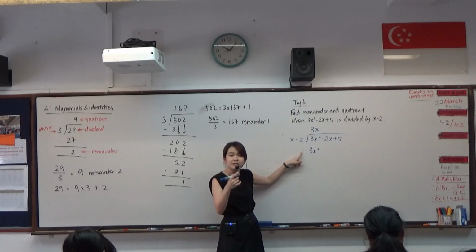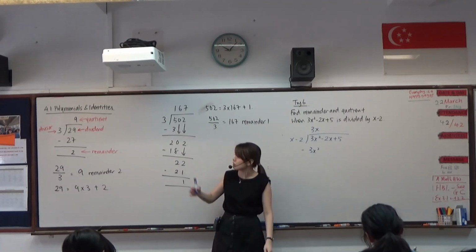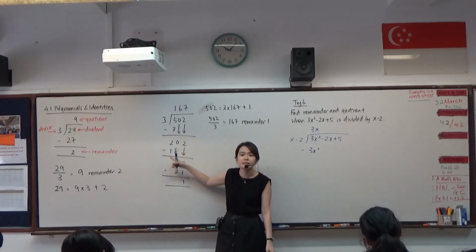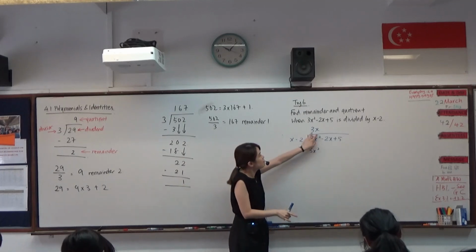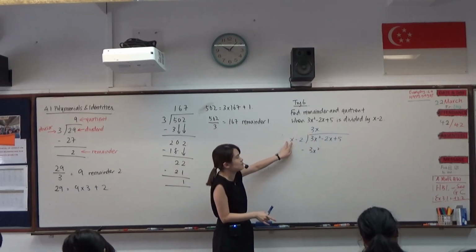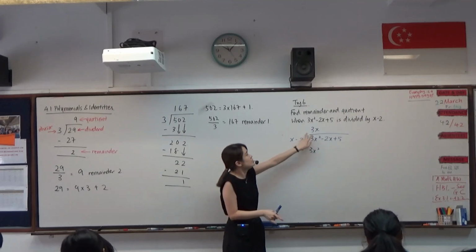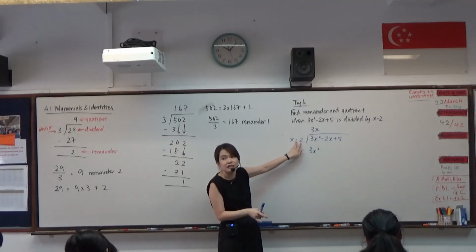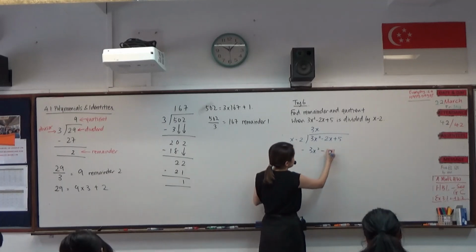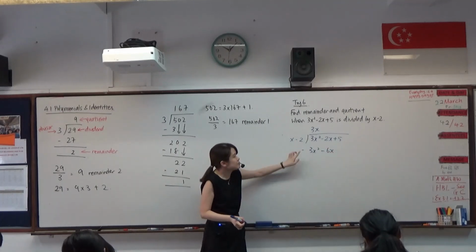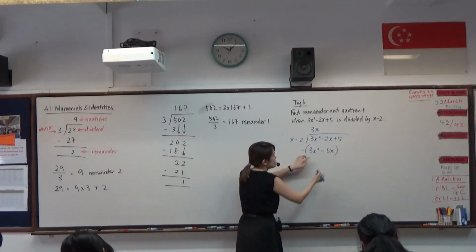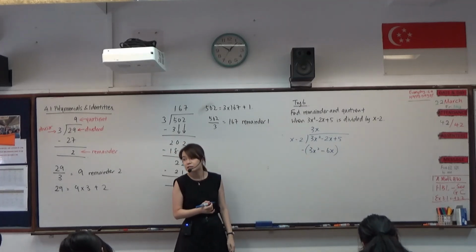The minus sign comes naturally because of the way we do long division. It's always a minus. But not forgetting that 3x doesn't just multiply with x, it also needs to multiply with the minus 2. So 3x times minus 2 gives us negative 6x. So I'm subtracting the entire 3x squared minus 6x.